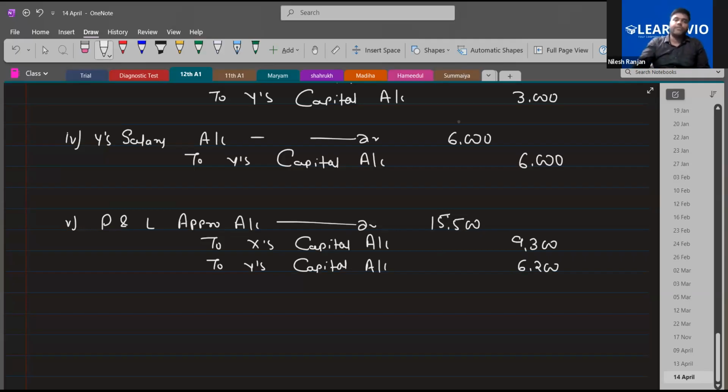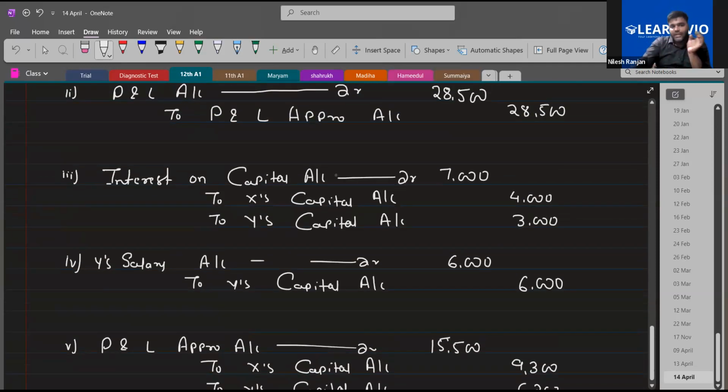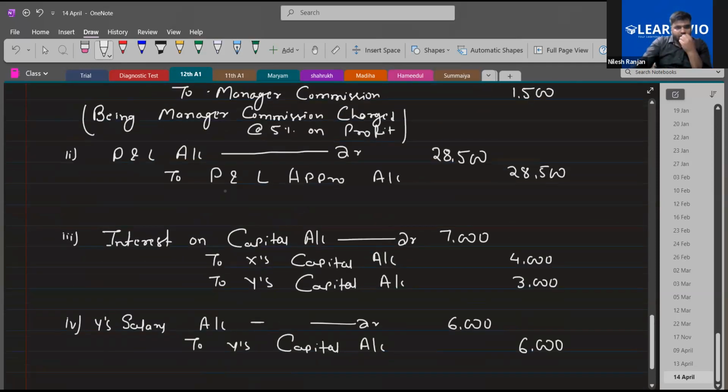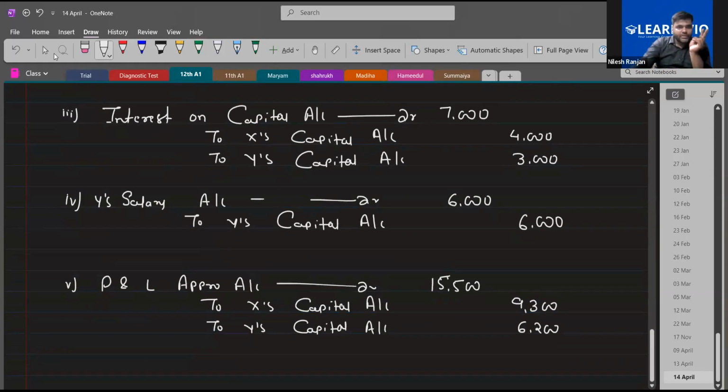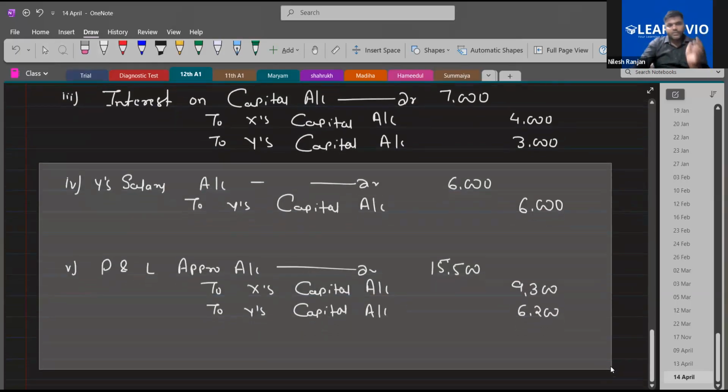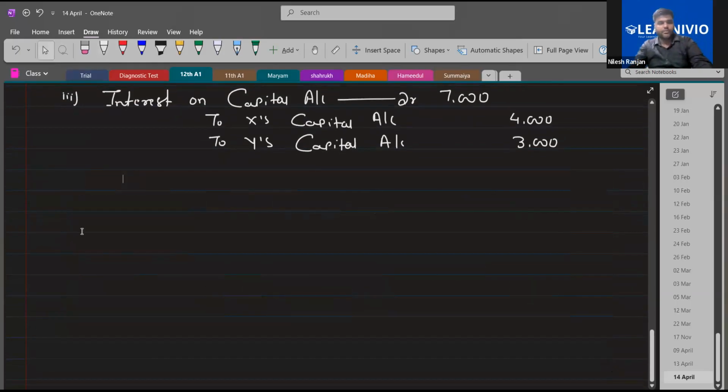Okay, but we need to close all the entries actually, like interest on capital account and Y salary. There will be 2 more entries here. Just 1 minute. I will change it a little bit.